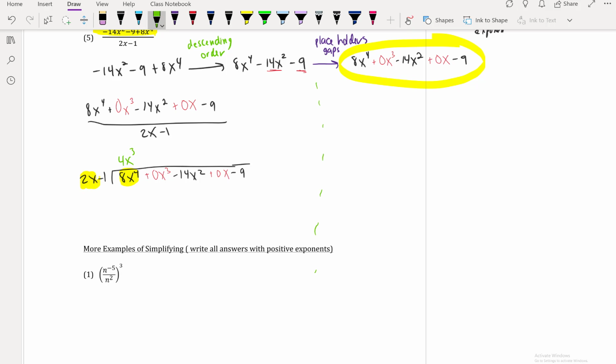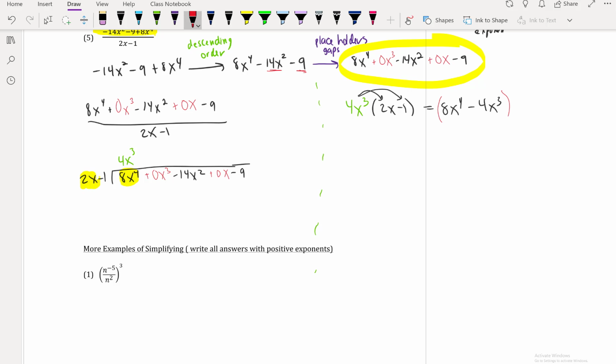So what I'm doing is I'm multiplying 4x cubed times that 2x minus 1. And when I do that, I get an 8x to the 4 and a negative 4x cubed.